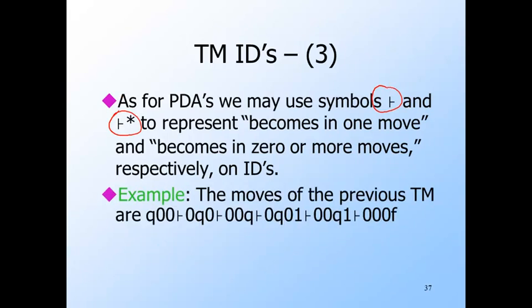Here's an example which corresponds to the earlier Turing machine example, but now using the ID notation. We start off in the start state with the state to the left of the input. At the first move, the Turing machine moves right, and then right again. Now it is scanning a blank, and its action was to replace the blank by a 1 and move left.